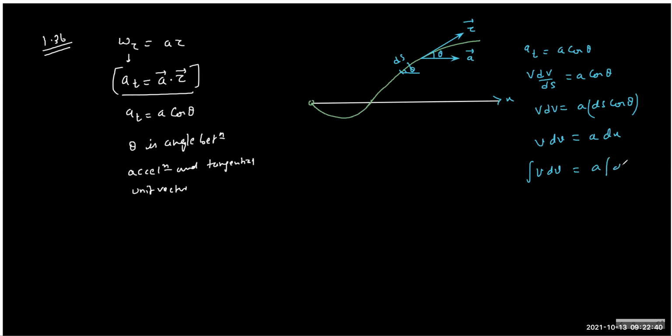If you start from rest and A is constant, this will become V square by 2 equals ax. So V is under root 2ax. So you can see that although it looks like a very weird question, eventually it converts into a very nice expression.